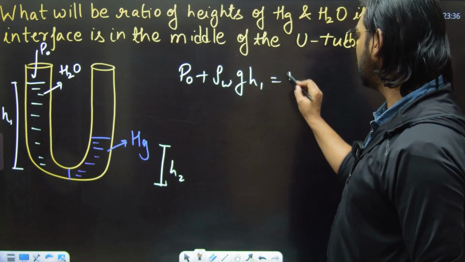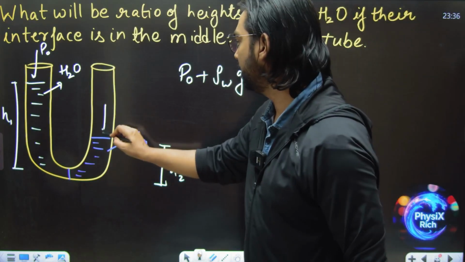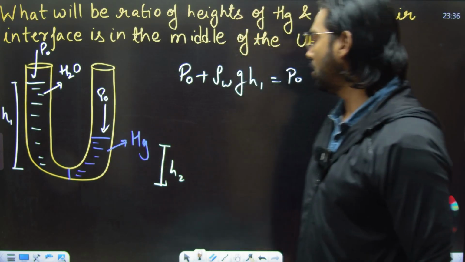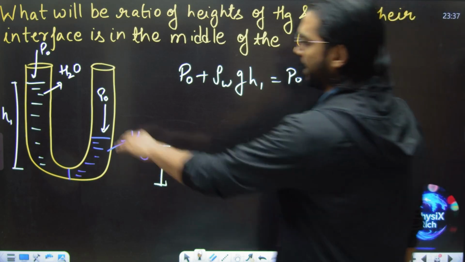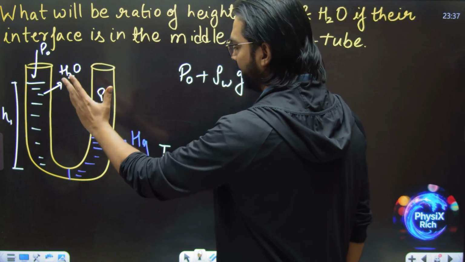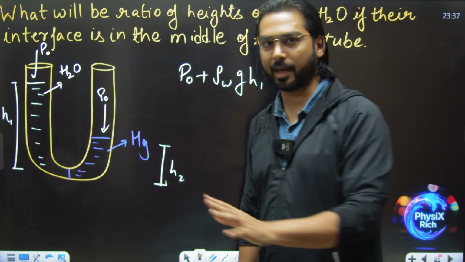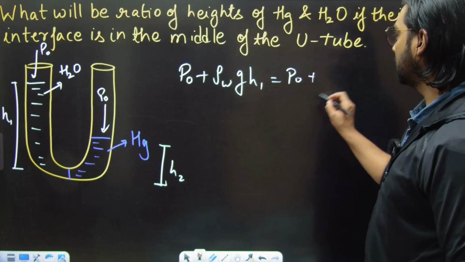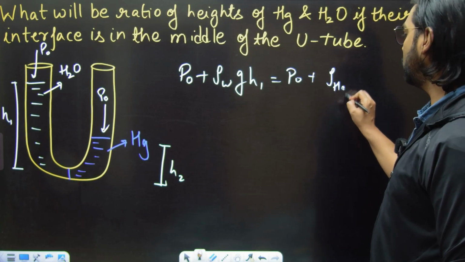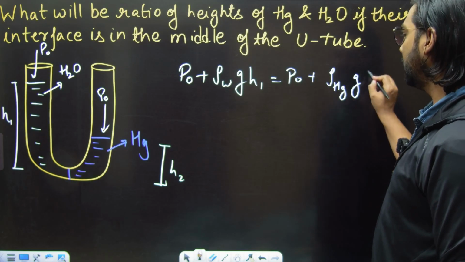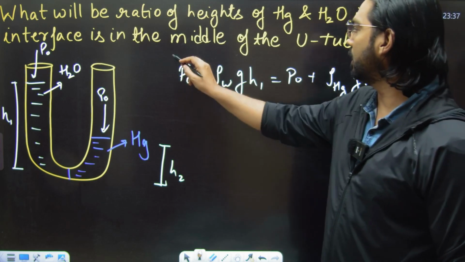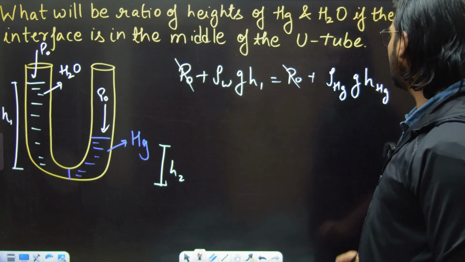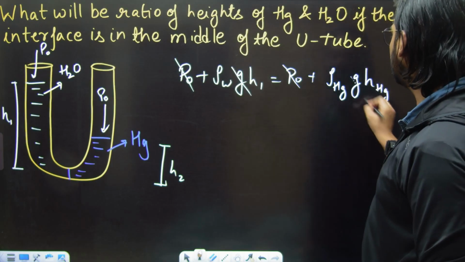This should be equal to P naught. You can see P naught will also be acting on the mercury. Air will also be acting on the mercury. P atm, atmospheric pressure, doesn't spare anybody. Plus density of Hg times g times height of Hg. Again, we will cancel P naught with P naught, and g with g.